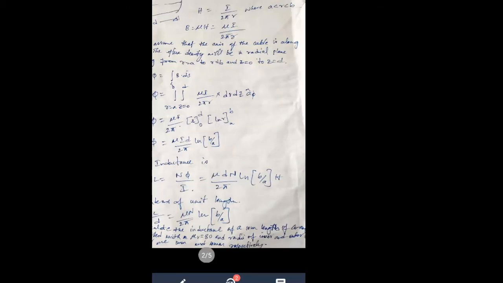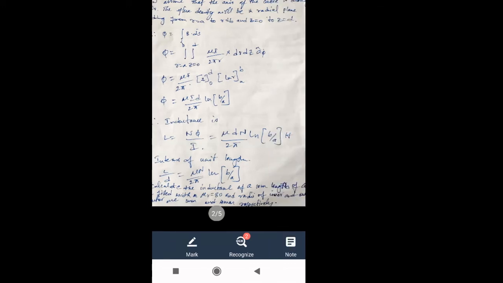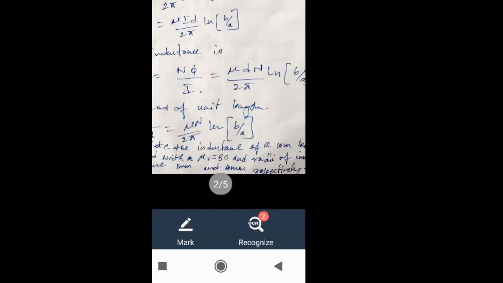Take down. All of you take pen and paper. Calculate the inductance of a 10-meter length of coaxial cable filled with a material for which μr is equal to 80.